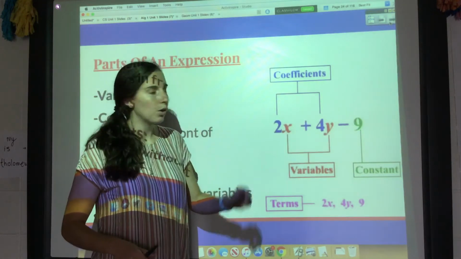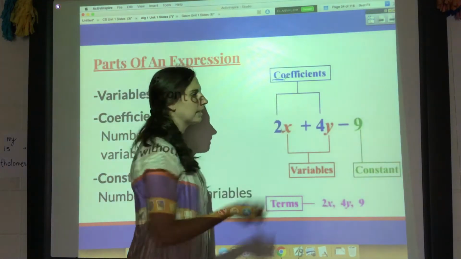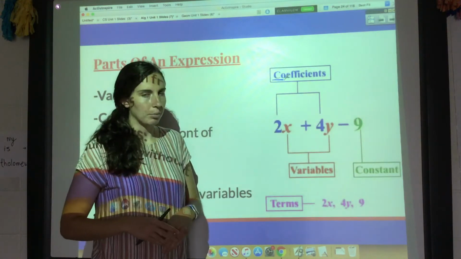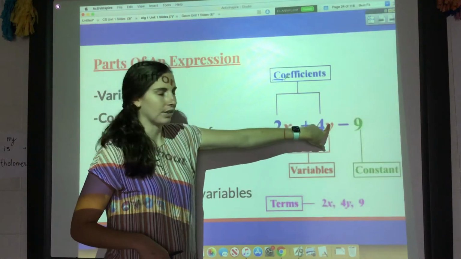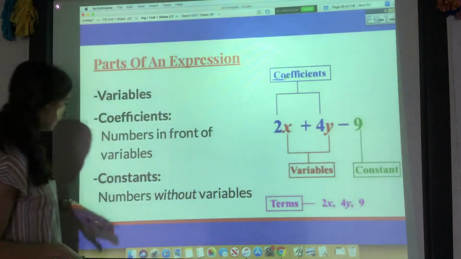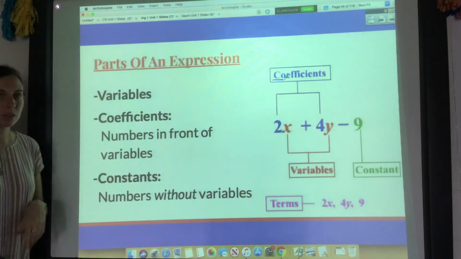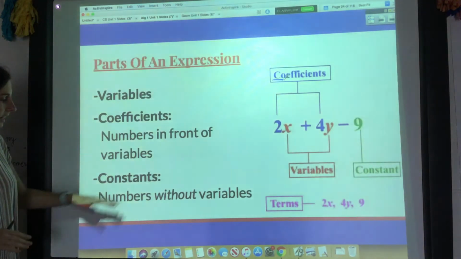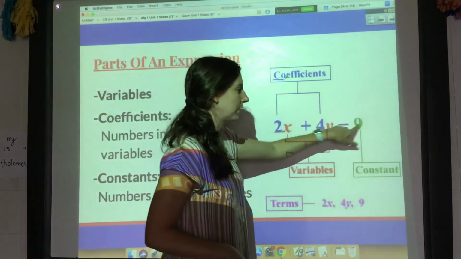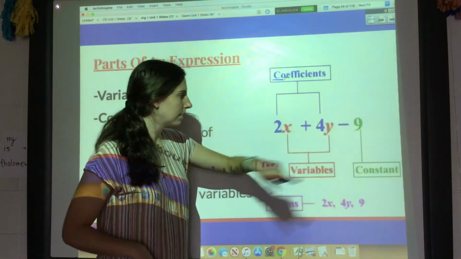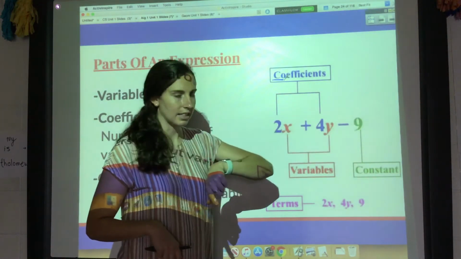It's called coefficient because co means together, like cooperate. So it's co because it's together with the variable. Whereas a constant is a number that's by itself. It stays constant, it never changes. It doesn't have any variable to change it, it's going to stay constant. So the -9 here is a constant.